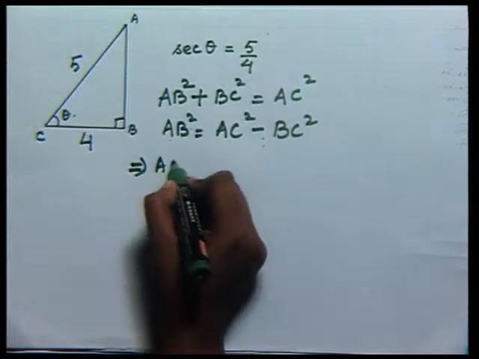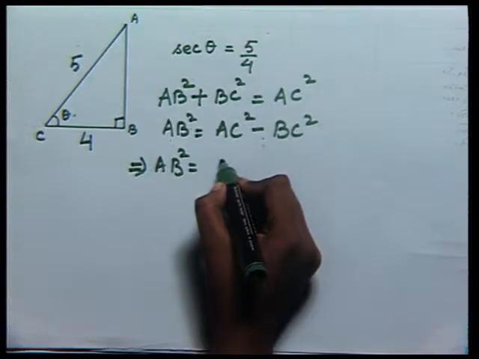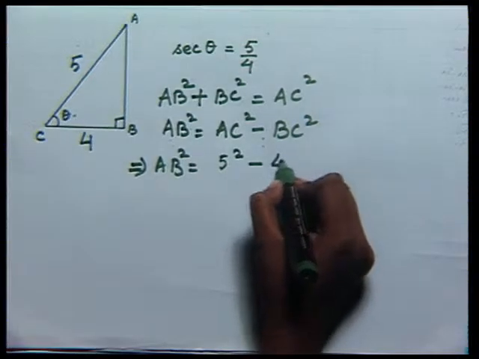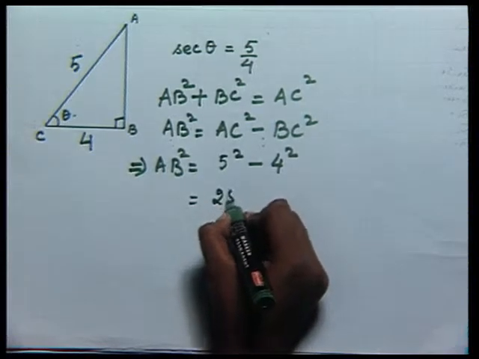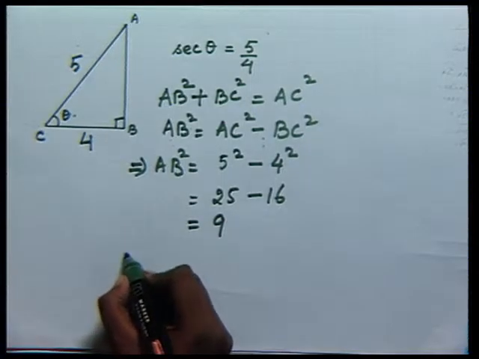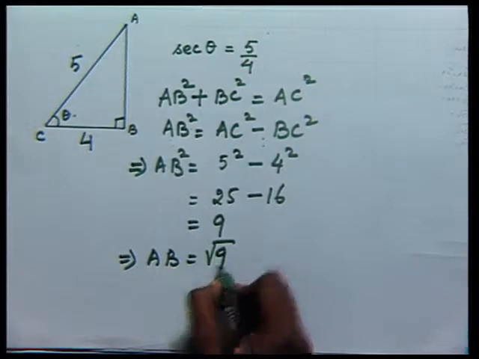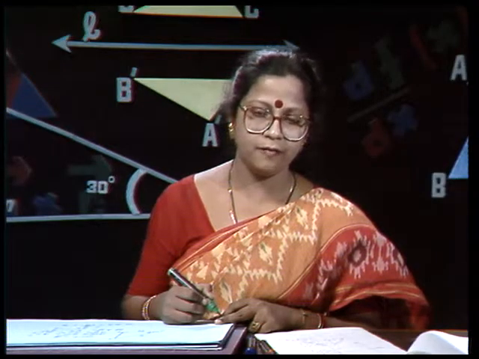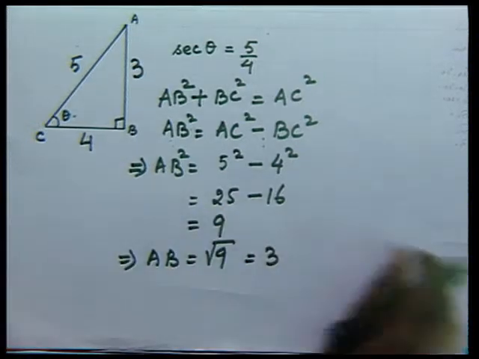This implies AB square is equal to AC square, AC is given as 5, so 5 square, minus BC square, BC is given as 4, so 4 square, which is equal to 25 minus 16, which is equal to 9. This implies that AB is equal to under root of 9, which is equal to 3. So, by Pythagoras theorem, we have found the side AB, which is equal to 3.